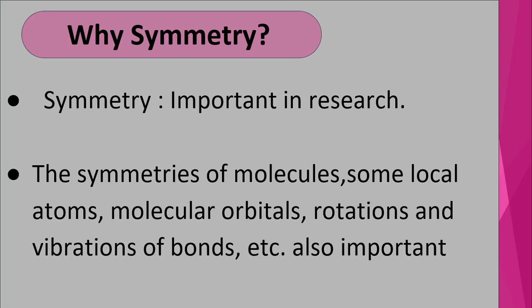If we take the example of water molecule, it has a V shape or bent shape structure. So there is some kind of symmetry. In this way, we can take different aspects for studying the symmetry. Those different aspects are called the symmetry elements and symmetry operations.